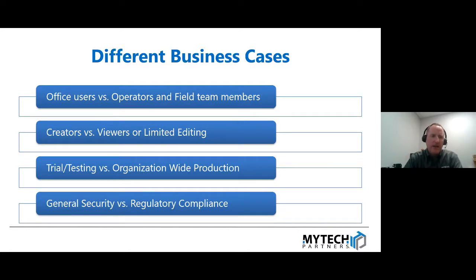The last two, trialing or testing, are one of the things I really like about the way Microsoft has built these licenses: it's not all or none. You don't have to have all your organization on one license or none. You can choose a subset of your team members, especially if you're trying to test something. Let's see if this might make sense for our organization, or run a trial.